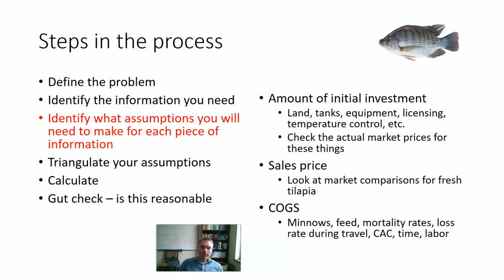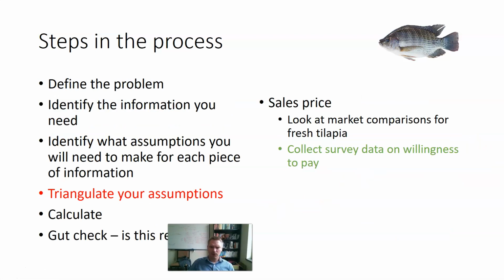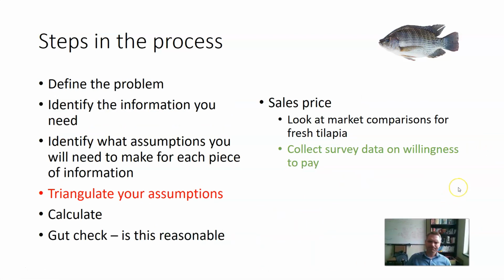And let's say I gather this initial information. Well, at this point, I'm going to want to triangulate my assumptions. Let me just take one assumption here: sales price. And let's say that I look at comparative data. So I look at market comparisons for fresh tilapia in supermarkets, in farmers markets, all these places.